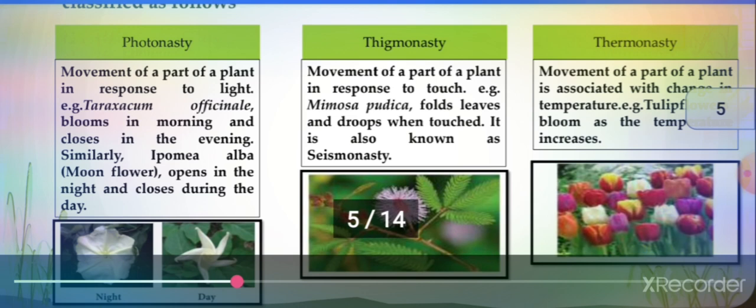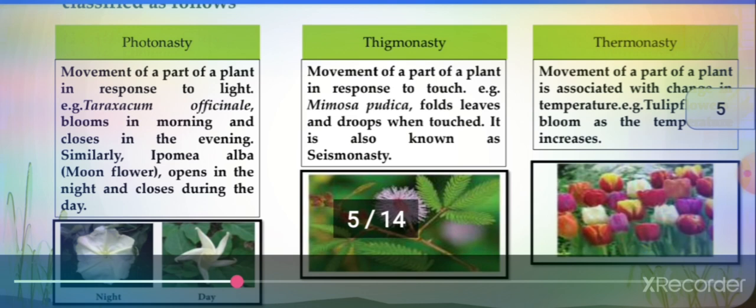And then the next one is called thermonasty. What is thermonasty? Movement of part of a plant, and that is associated with the change in temperature. For example, tulips, and the tulip flowers, they are beautifully colored.